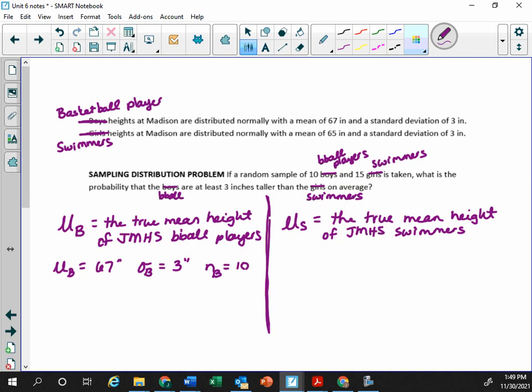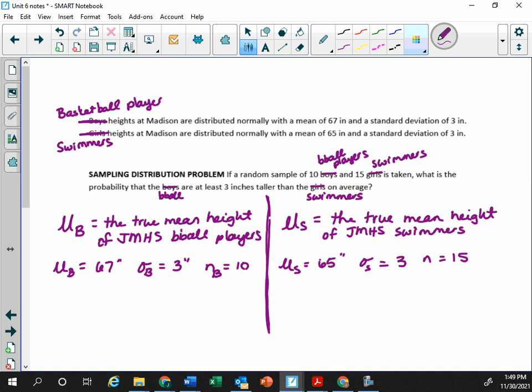And then same thing for the swimmers. What's the mu of the swimmer heights? 65. Yep. What's sigma of swimmers? Also 3. And then sample size? 15, okay.